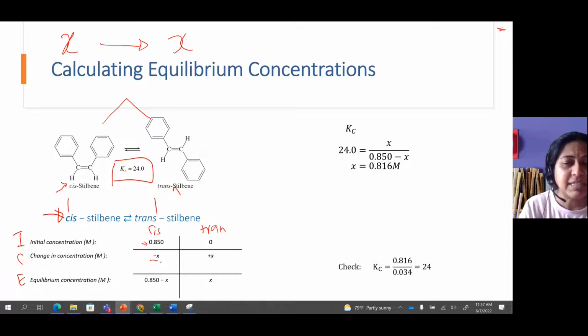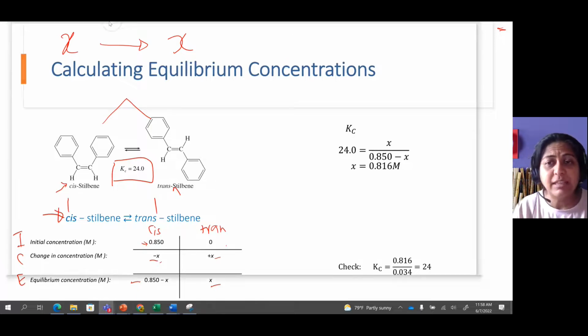So minus X for the reactant and plus X for the product. So what is the equilibrium concentration for cis stilbene? It is initial minus X, that is 0.850 minus X, and the equilibrium concentration for trans stilbene is just X.